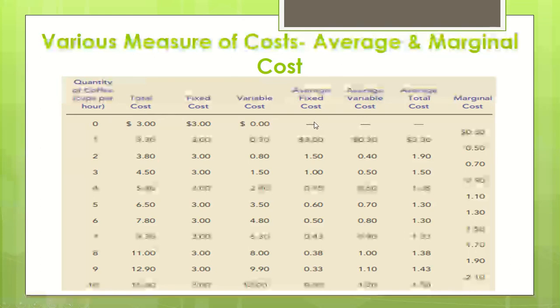In this case, we have the value of fixed cost, $3, but the denominator's value, the value of Q, is 0 here. So that means there is no average fixed cost here, and similarly there is no marginal cost as well.